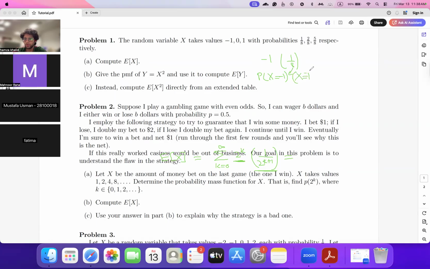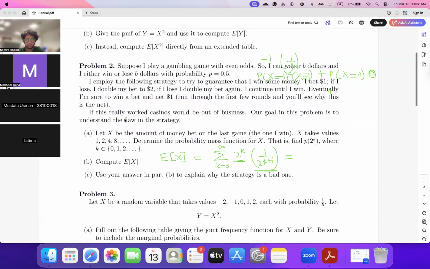And then you add on the probability of X equals 0 times the value of that, which is just 0, and so forth. And in an identical manner, I'm doing this over here. Is that point clear? Okay. Are you starting to see the problem with this?